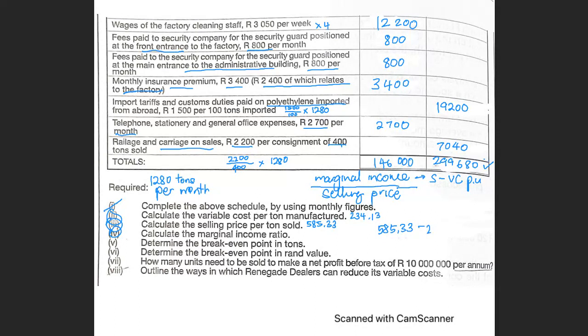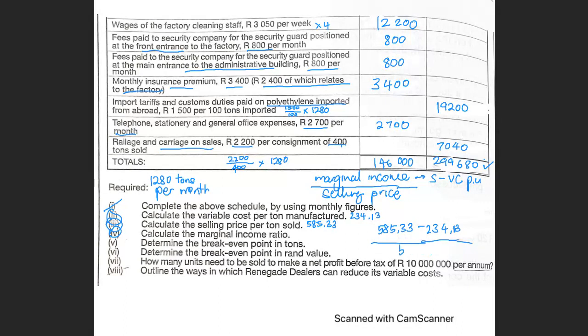That was 234.13, over 585.33. Sorry, I'm not sure why this is not allowing me to. It's duplicating over.